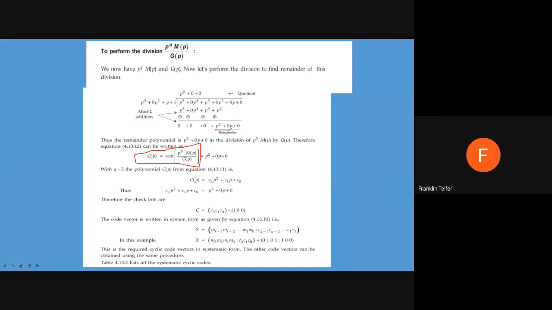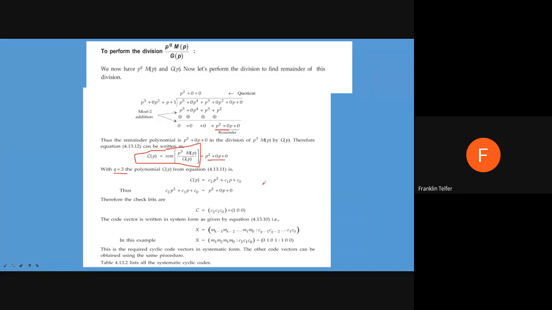It is not equal to 0. You get some polynomial here, p square plus p. So the remainder you are getting is p square plus p plus 0, and the check polynomial can be written as c of p equal to c2 p square plus c1 p plus c0. Thus c2 p square plus c1 p plus c0 is equal to p square plus p plus 0.